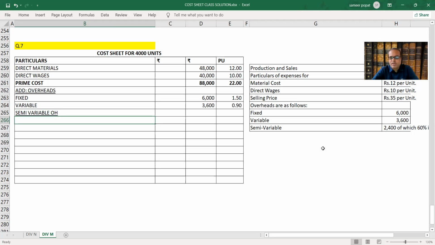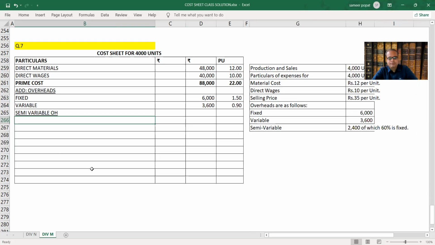Now, next one is semi-variable overhead. Semi-variable will comprise of fixed and variable component. So here, let us split that semi-variable into fixed and variable. Now see, we are given that out of 2,400 total amount, 60% is fixed. So of 2,400, 60% would be fixed.